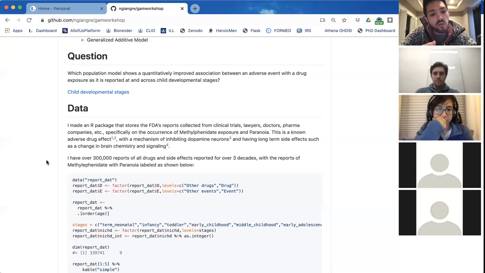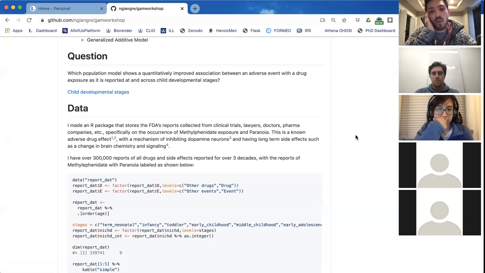This is a known adverse drug effect. I have references, they do work, so you can check them out. The mechanism of this association has been thought to be inhibiting dopamine neurons. You can look at that reference. And it has long-term side effects such as a change in brain chemistry and signaling.